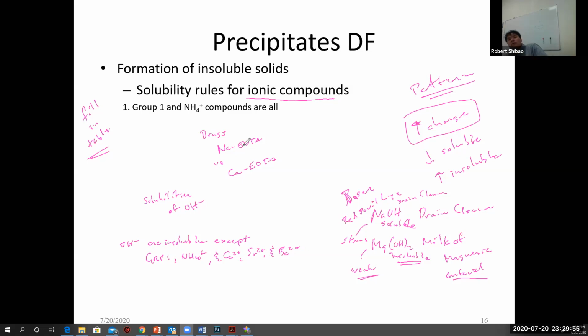And so, which one would be more aggressive drug, sodium EDTA or calcium EDTA? What do you think would be more aggressive? More aggressive meaning letting EDTA do its job. Yeah, sodium EDTA, just like these two hydroxides, which one is a more aggressive hydroxide? Well, drain cleaner, for sure.